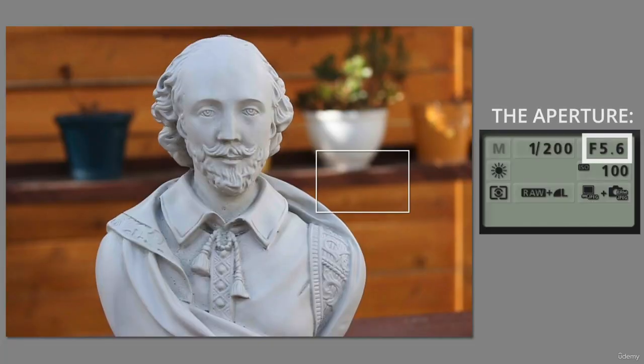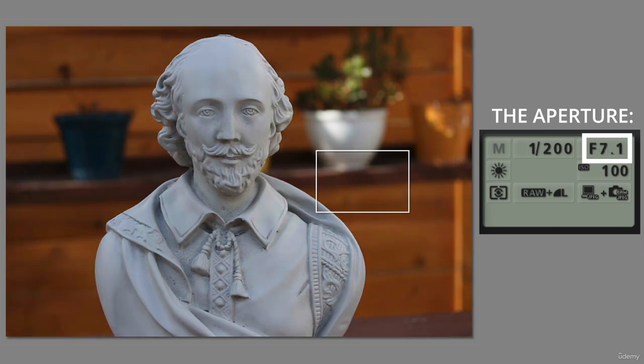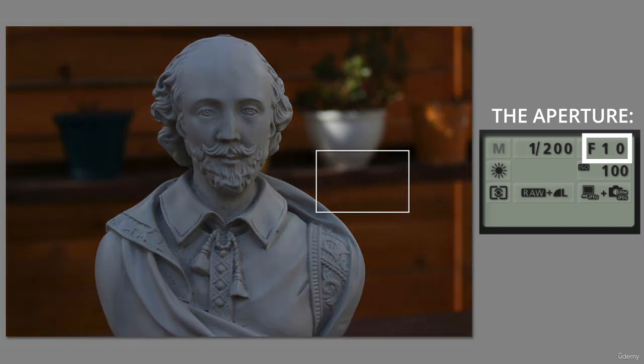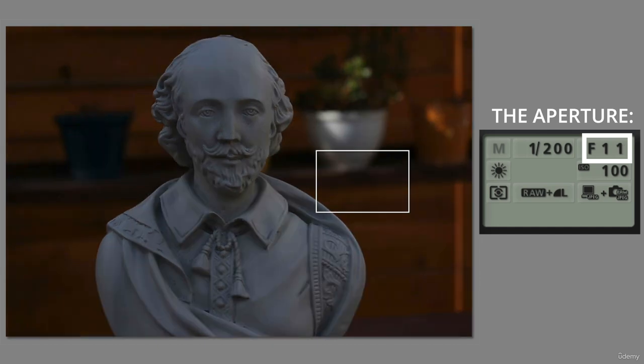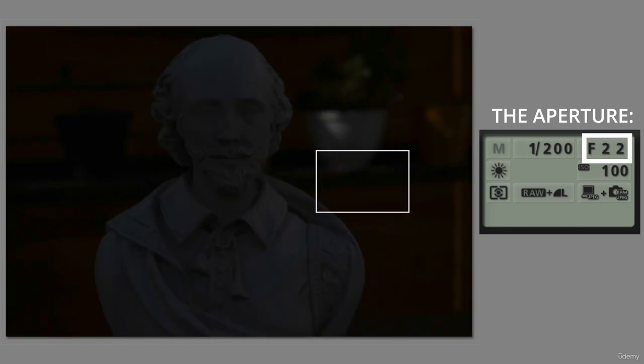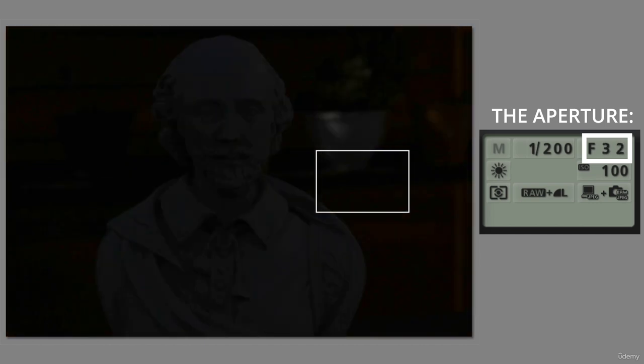So here I'm at 5.6 and I'm just going to go up to 6.3, 7.1, 8.0, and as you can see, as I go up in f-stop, the aperture is actually getting smaller and letting in less light. So if I go all the way up to 22 or even beyond, it's completely underexposed.